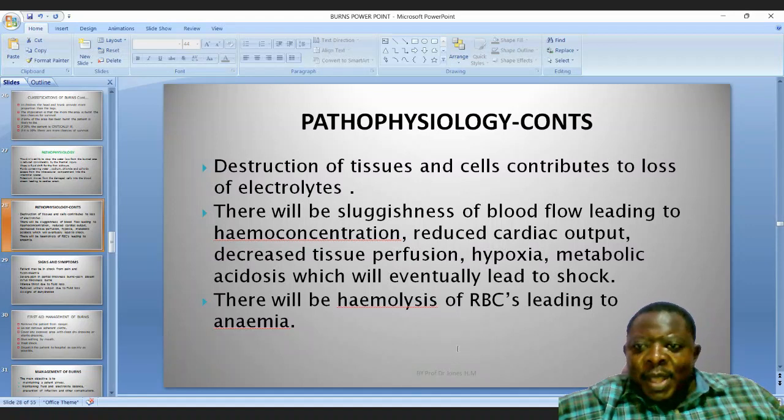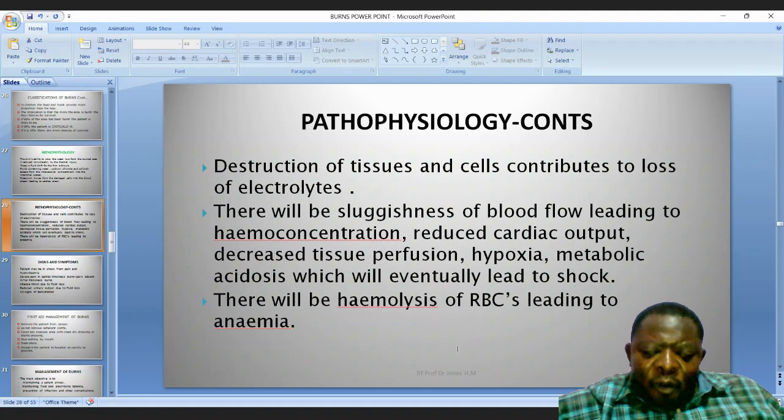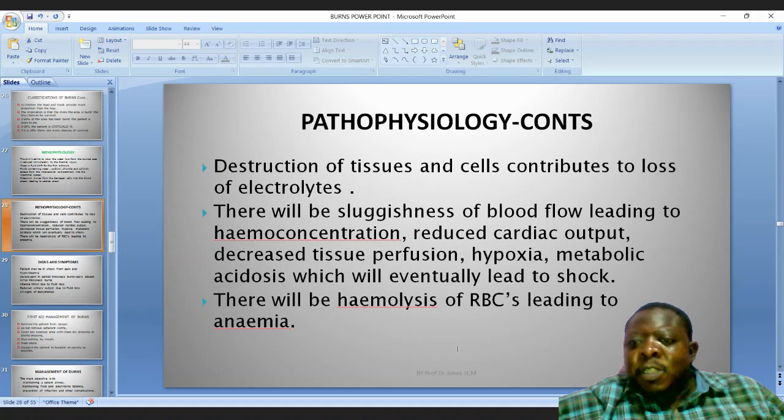So, sluggishness in blood flow. If blood is not moving fast according to the way it's supposed to flow, there will be increased concentration of blood, which affects the output because the heart is not filled nicely because of the sluggishness of concentrated blood.